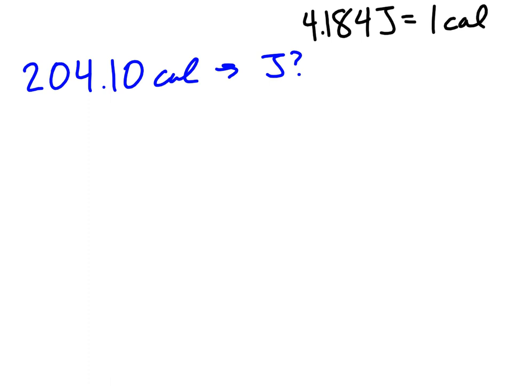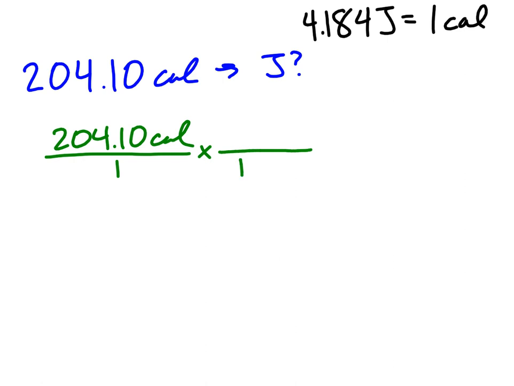So I have 204.10 calories, with 5 sig figs, over 1. And I know that for every 1 calorie, there are 4.184 joules. Calories cancel out, and I'm left with joules. I do my math.